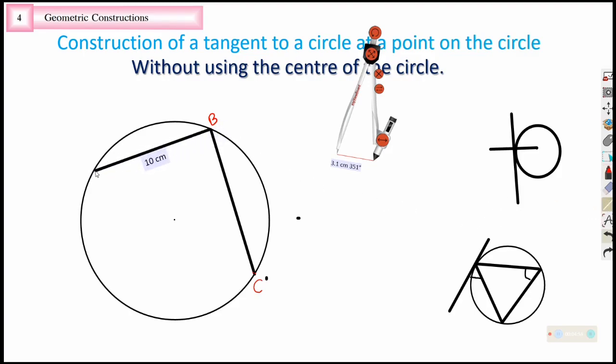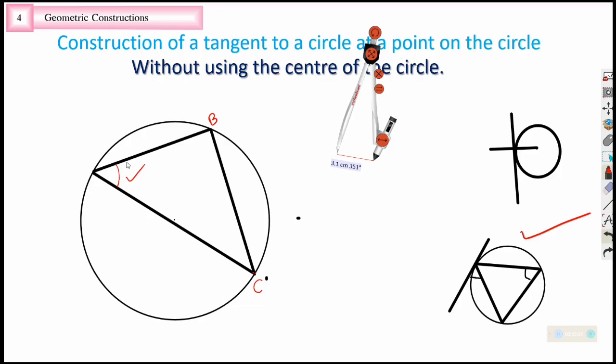I will draw an angle here, the angle inscribed by the chord BC, or CB. This is the angle inscribed. Now I know the principle that the tangent which I am going to draw will have an angle here, and that angle and this angle will be congruent.